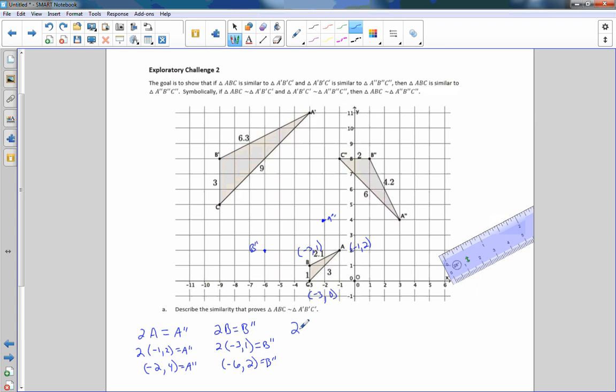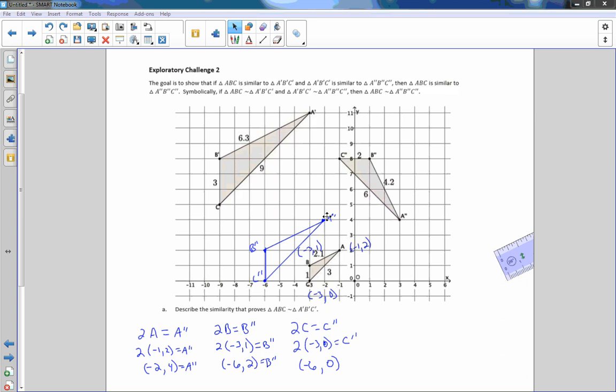And then finally, 2 times C will give me C double prime. 2 times the point C, which is negative 3 comma 0, equals C double prime. 2 times negative 3 is negative 6. 2 times 0 is 0. So I go to negative 6, up 0, and there is my C double prime. Okay, so now I have triangle A double prime, B double prime, C double prime drawn up for you.